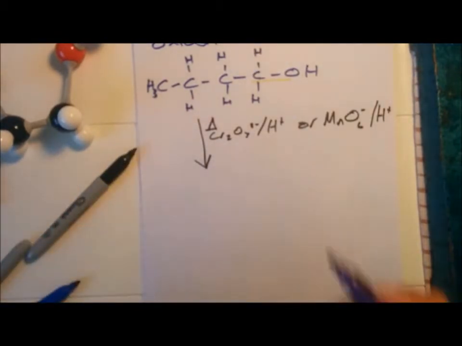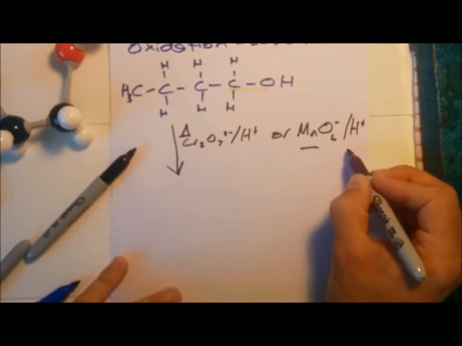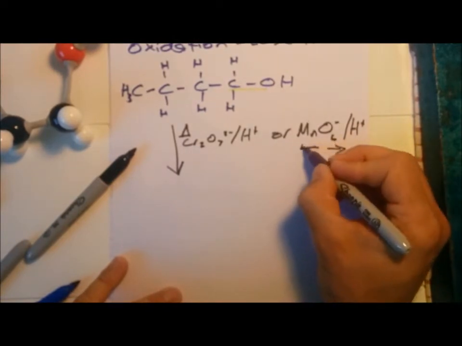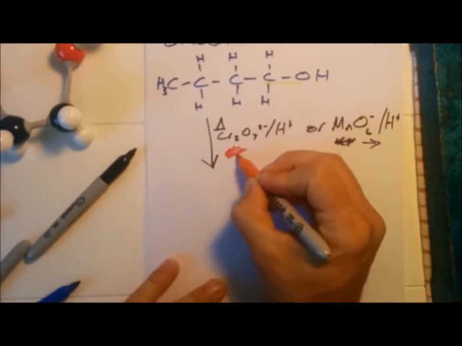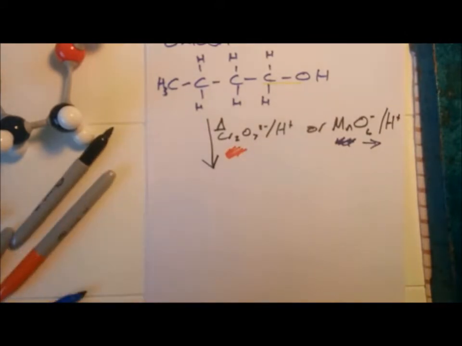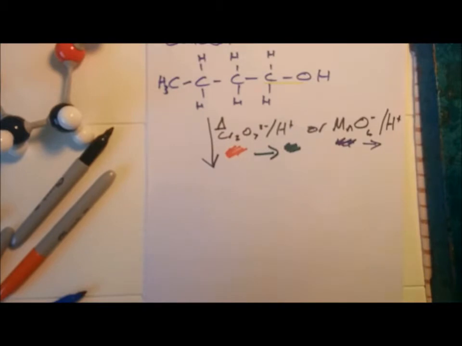So your color change that you'll see with this will be purple to colorless, and this one will be orange, and it will change to green. Okay, so those are the two color changes.